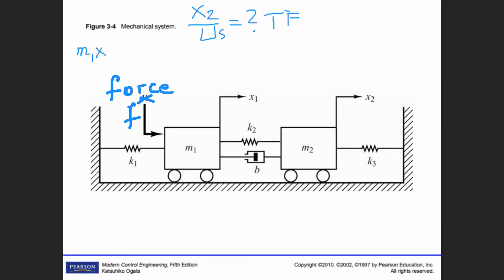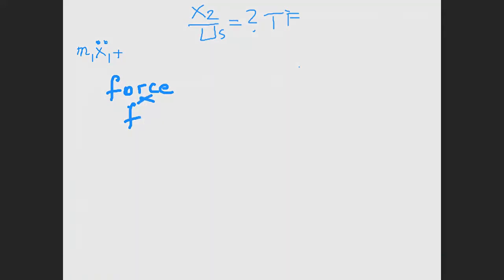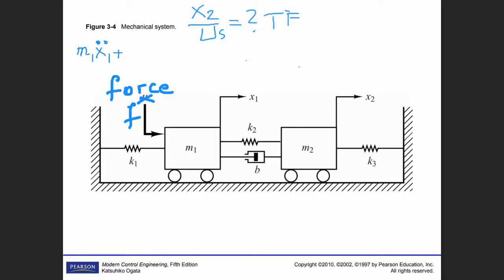M1 times X1 double dot plus B is defined between two positions.